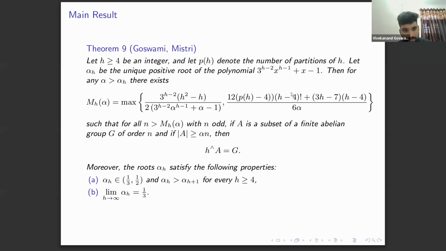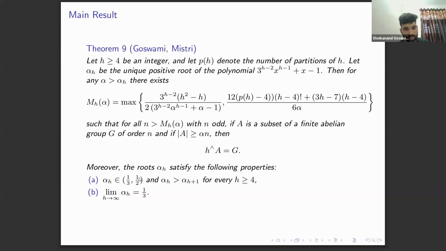Then for any alpha strictly greater than alpha h, there exists n(alpha), which is equal to the maximum of this and this, such that for all n, for an abelian group G of order n, if the cardinality of A is greater than or equal to alpha n, then h hat A is equal to Z. Moreover, the alpha h satisfy these properties.